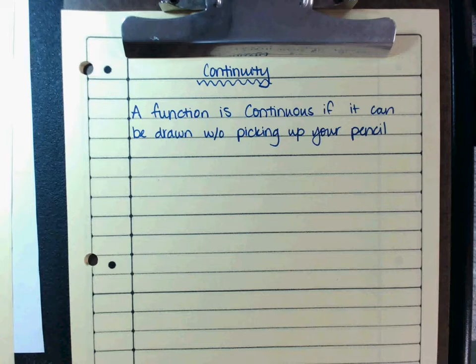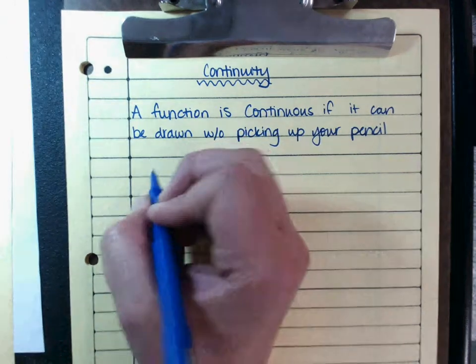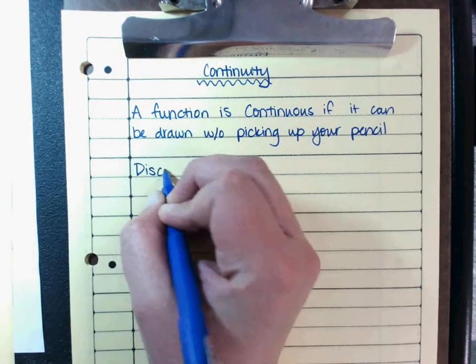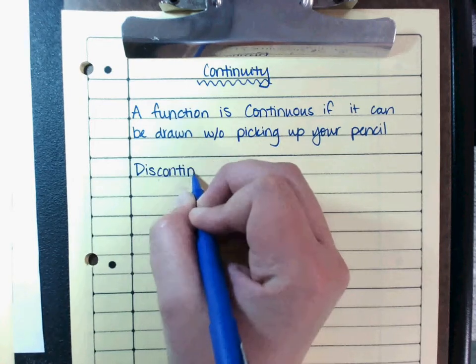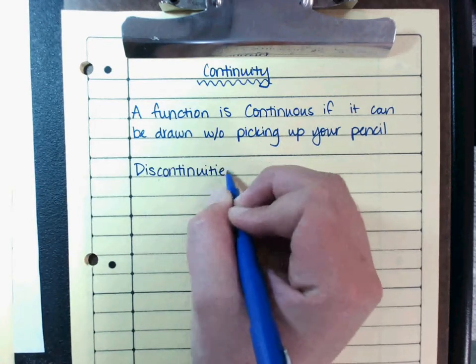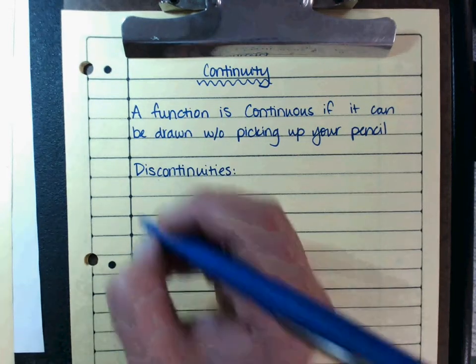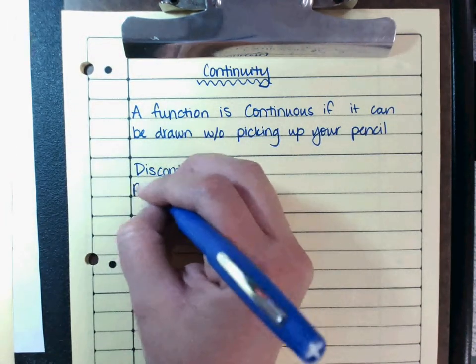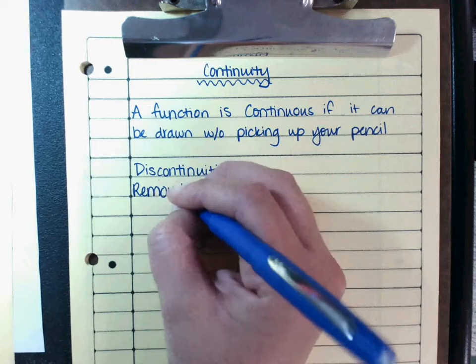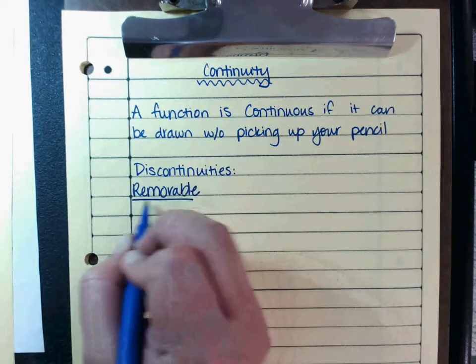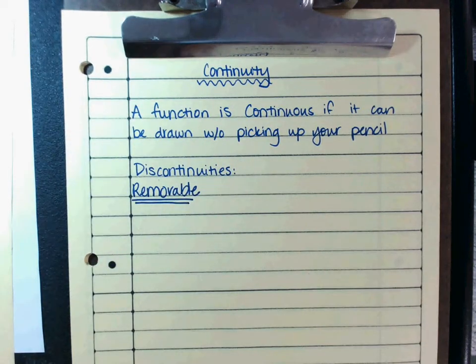There are 3 types of discontinuities. The first one is a removable discontinuity, which is usually what pre-cal teachers will call a hole.